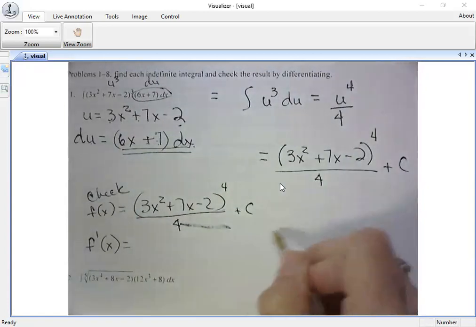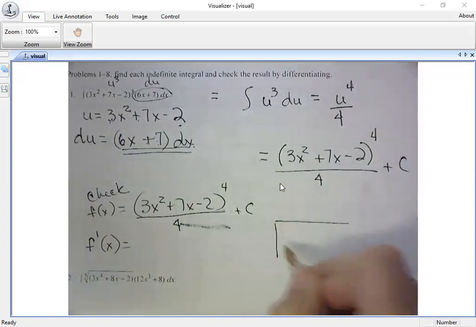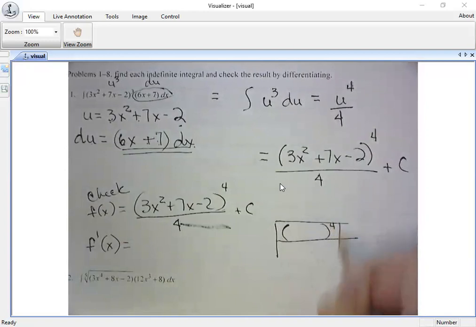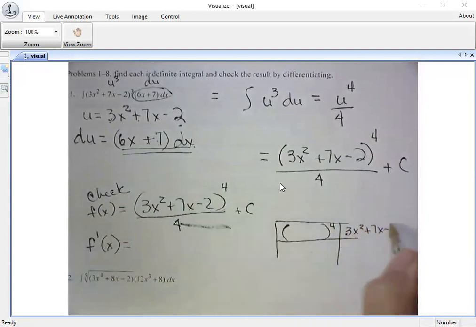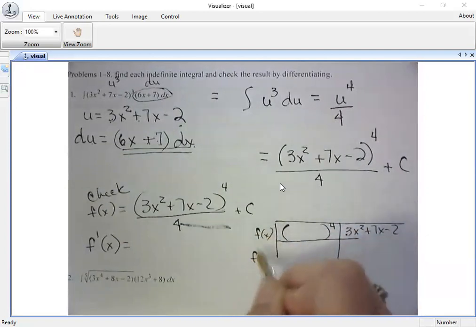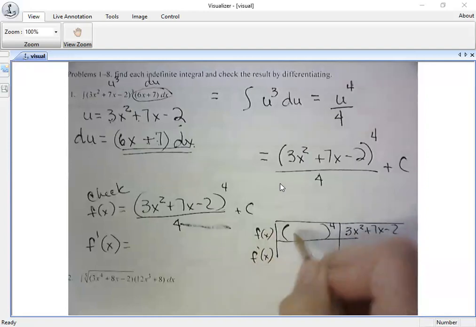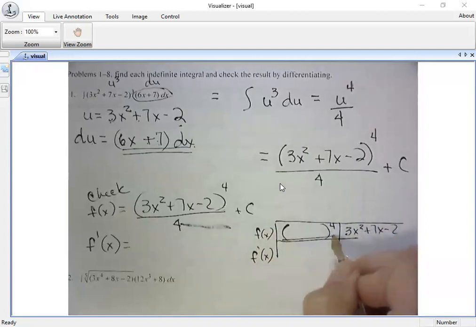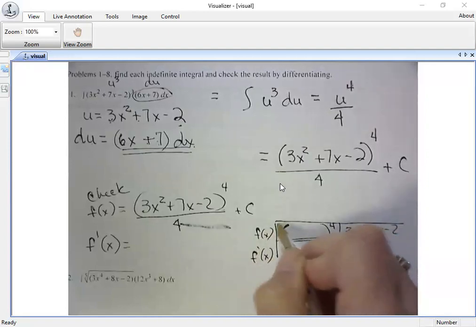So if I were to make a chain rule table, I would have something to the fourth, and that something is the 3x squared plus 7x minus 2, right? So when I differentiate, that's something to the fourth times 1/4. Okay?